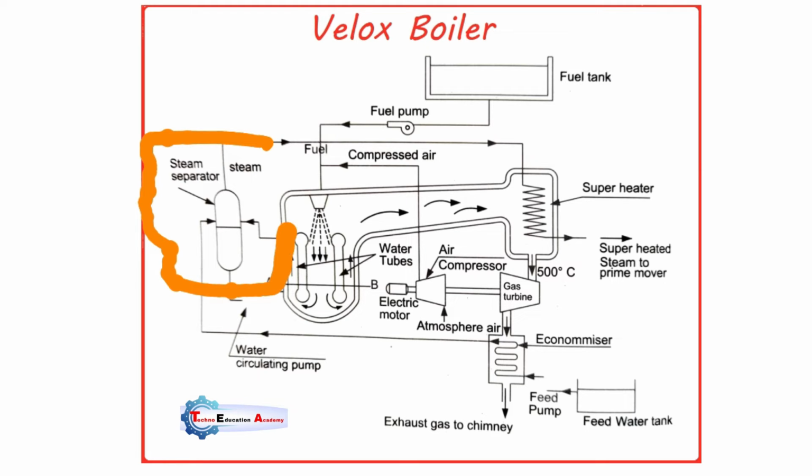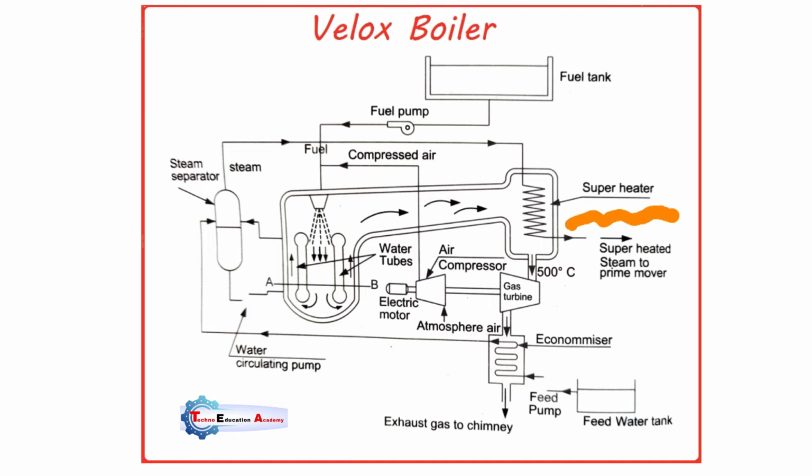This produces centrifugal force, and due to this centrifugal effect the heavier particles are thrown outward onto the walls. This separator separates the steam from water. The separated steam is then passed to the superheater and then supplied to a steam turbine.